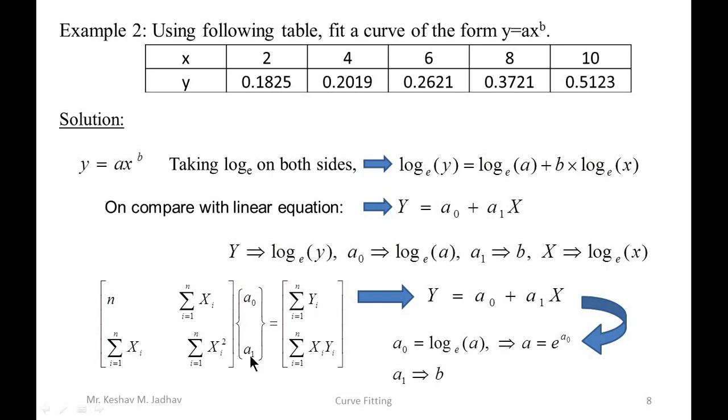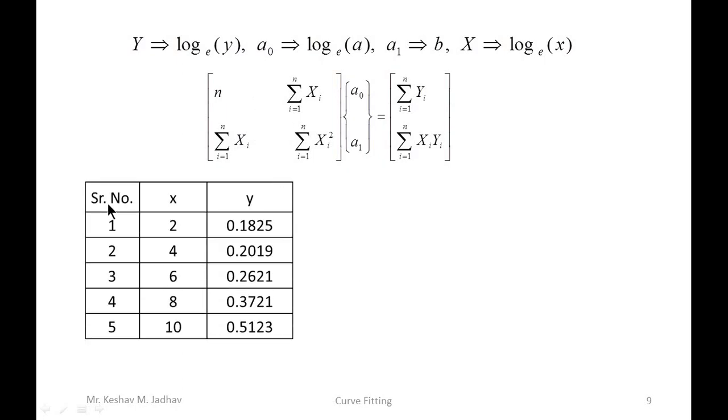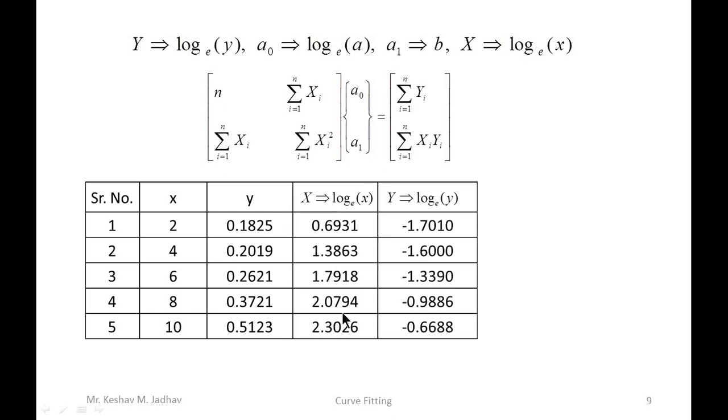So here to solve this matrix, we need to prepare a table. So first column is serial number, then these are given values of x, then these are the given values of y. But here we have to take x as log x and y as log y. So we will take log x values and log y values.